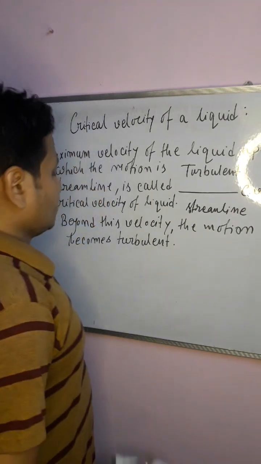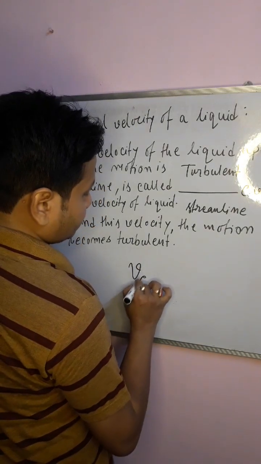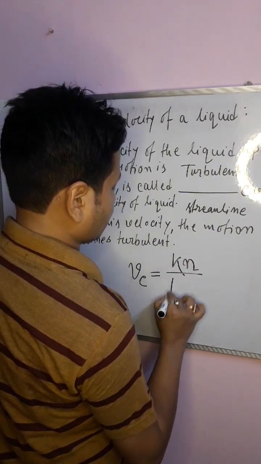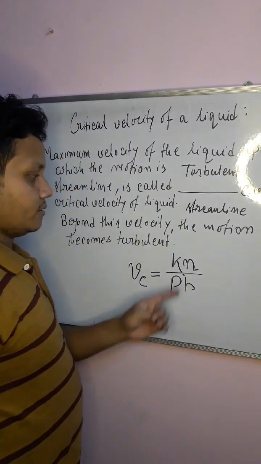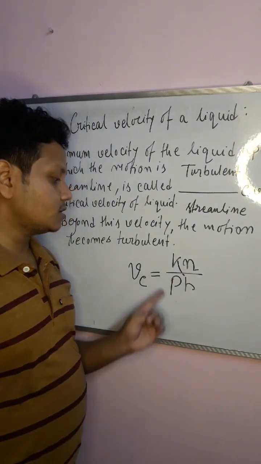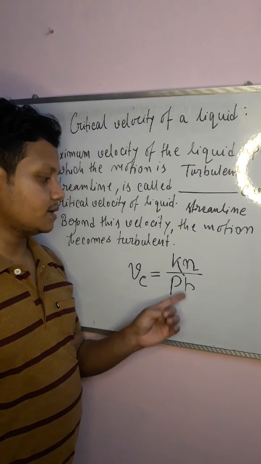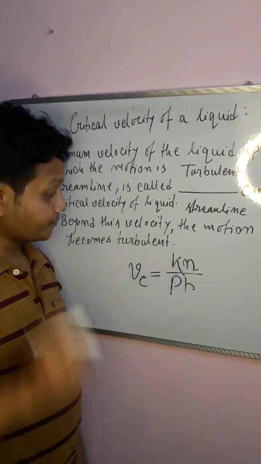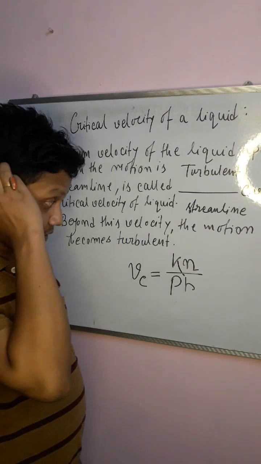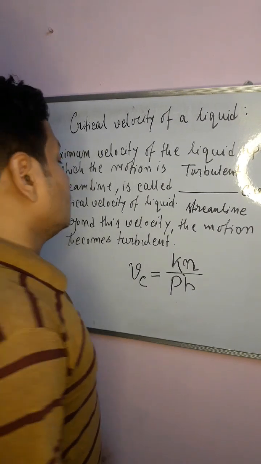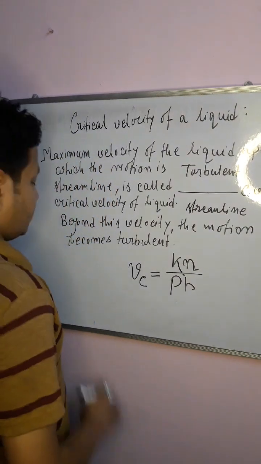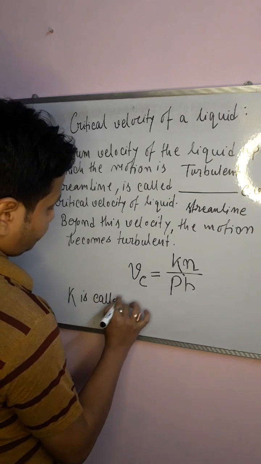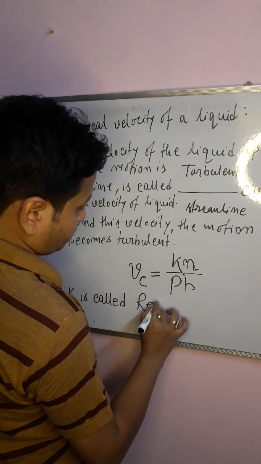Now critical velocity is related with the coefficient of viscosity by the relation v equals k into eta by rho r, where eta is the coefficient of viscosity, rho is the density of liquid, r is the radius of the tube through which the liquid flows, and k is a constant known as Reynolds number.